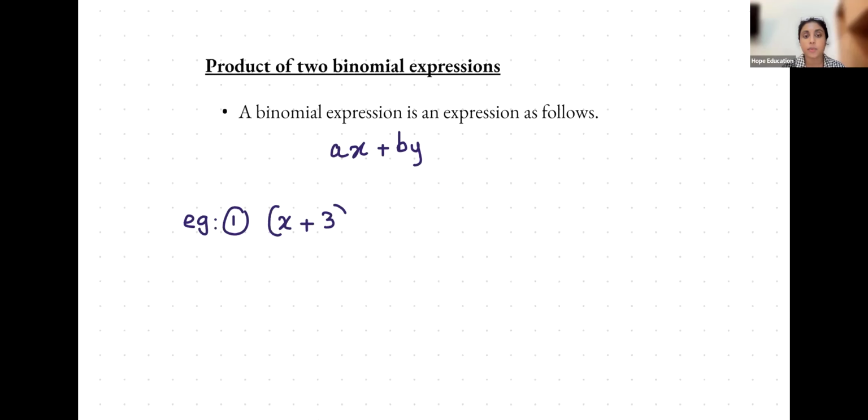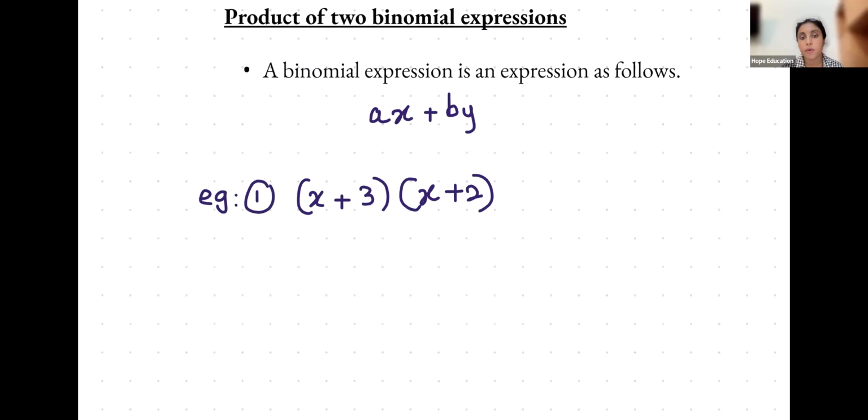Let's say there's another binomial expression, x plus 2. So now how do we solve this? There's actually a multiplication sign, but we don't put that multiplication sign. We just leave it as it is. You know that here it is multiplication, but we don't have to put it. So we have to see how this multiplication is done.